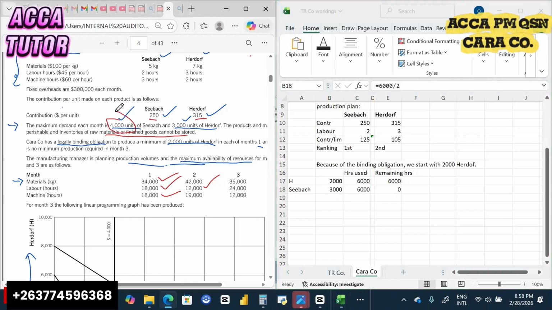This was the demand. So if we put 4,000 here, that was the demand, right?